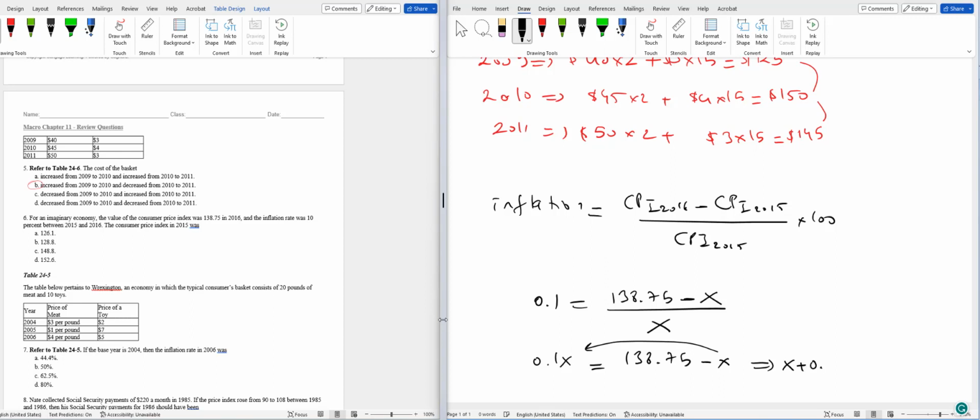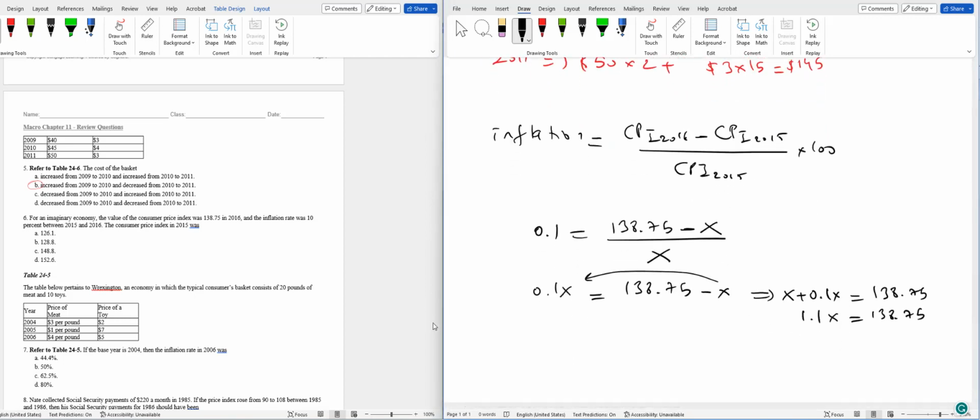So X plus 0.1X is equal to 138.75. This is 1.1X is equal to 138.75. Now the next thing we need to do is divide both sides by 1.1 and then find the X. And if you do that calculation, you will find out it's 126.1. So therefore, the CPI in 2015 is 126.1.